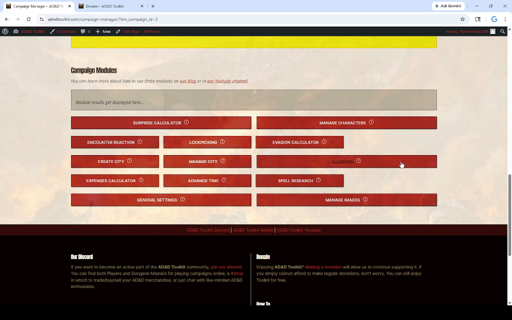Is it successful in tricking the target of the spell? And this can have huge consequences, particularly when you take into account that illusion spells like Phantasmal Force, even though it's an illusion, can inflict physical damage on the target.